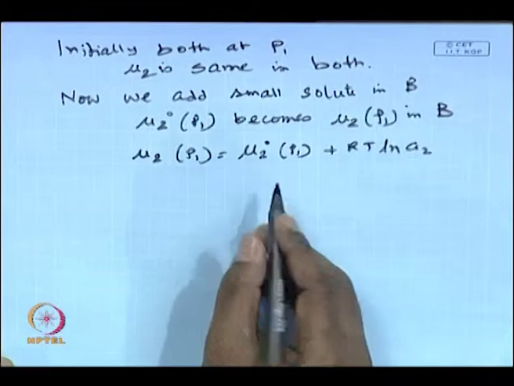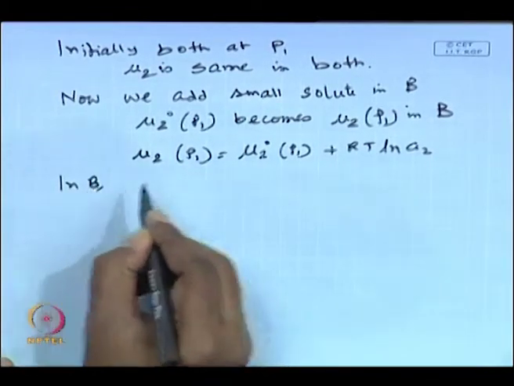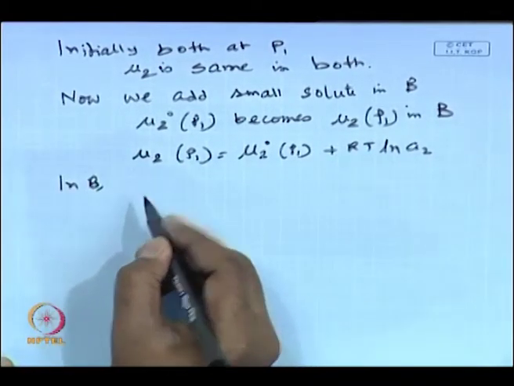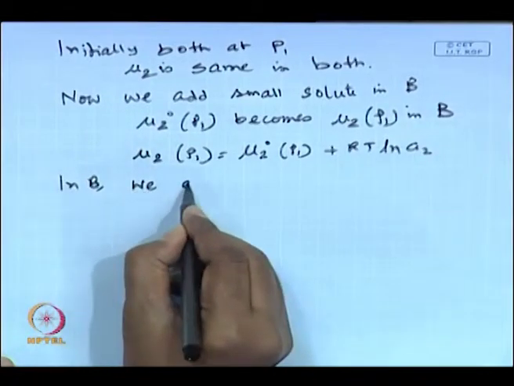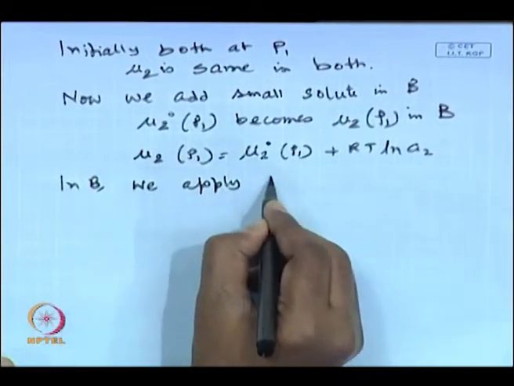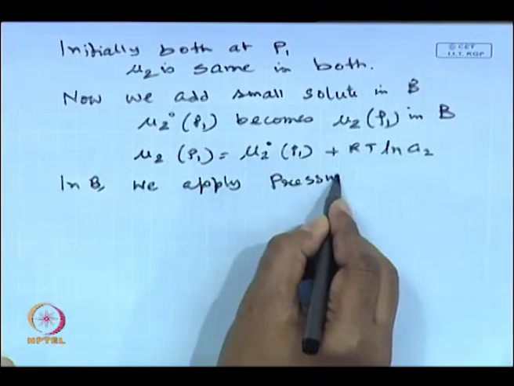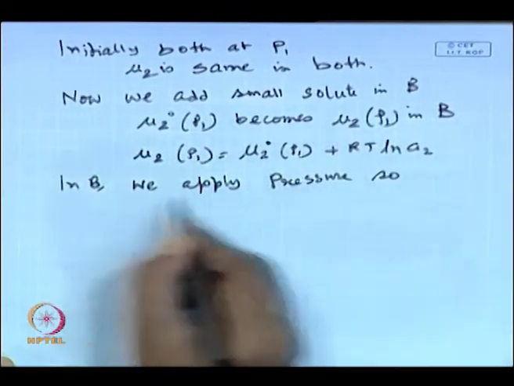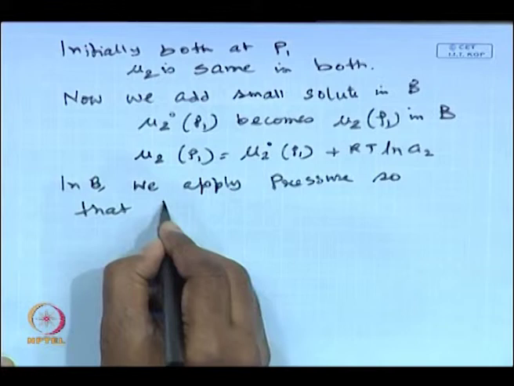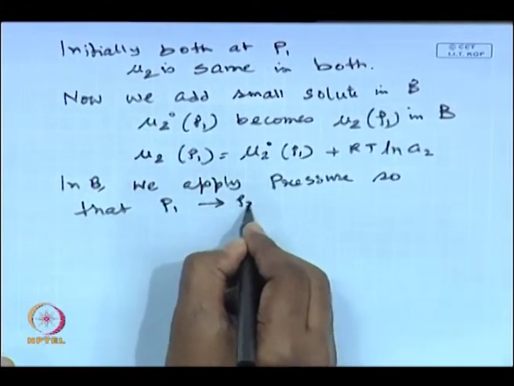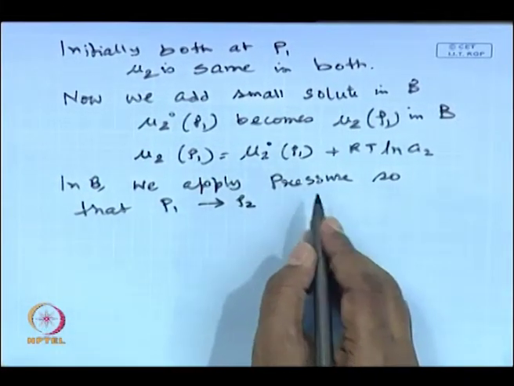Okay. Now in B we apply pressure so that P1 becomes P2 and osmotic equilibrium is restored.